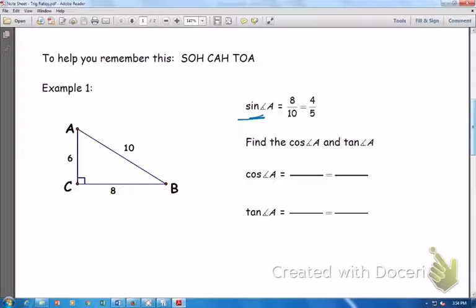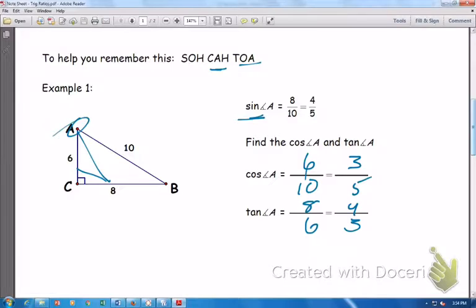The cosine of angle A, CAH, is adjacent over hypotenuse, so 6 over 10, which reduces to 3 over 5. And then tangent of angle A, TOA, is opposite over adjacent, so 8 over 6, or 4 over 3.